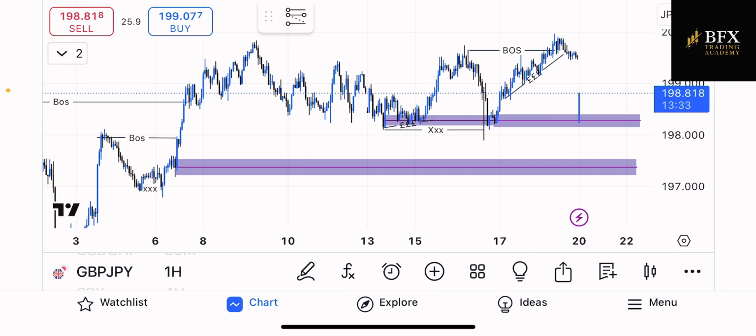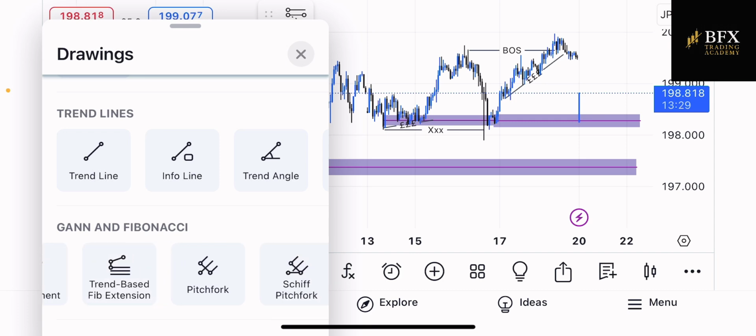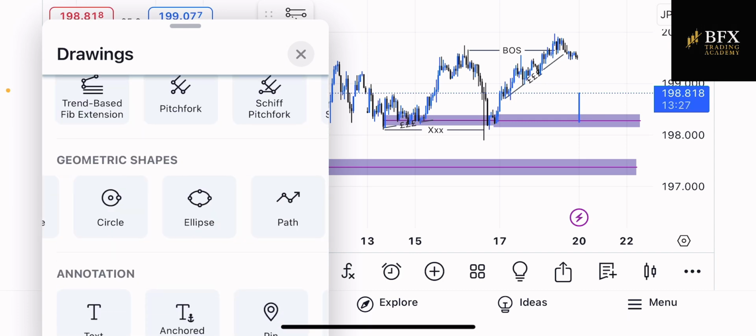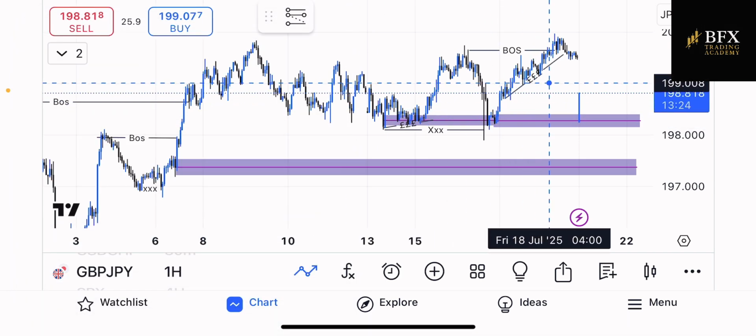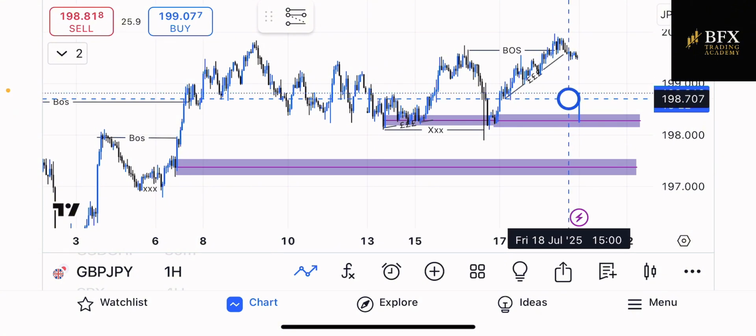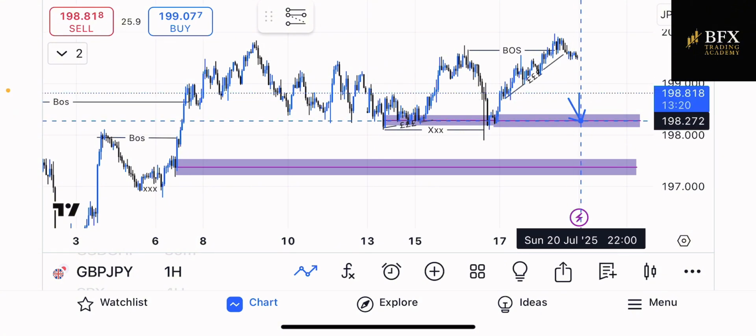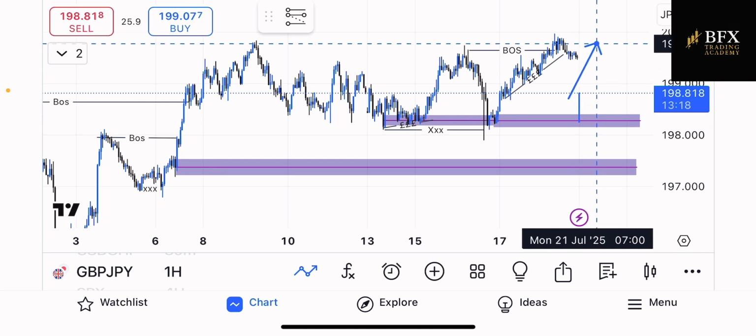So now what do we anticipate? We anticipate price to come to this zone and reverse upwards.